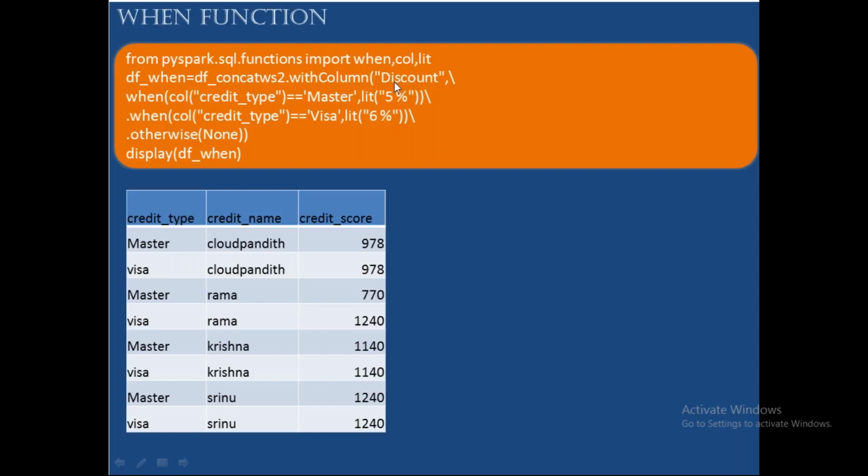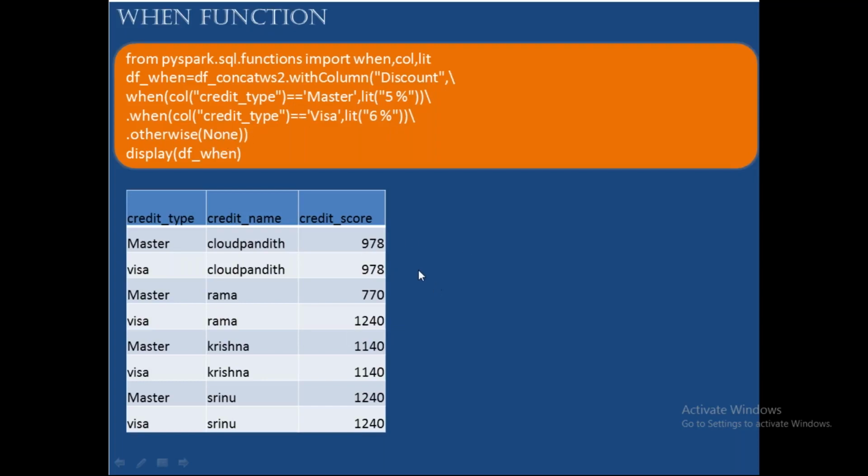The discount column values I'm calculating by putting some conditions. When the credit type is master, add a discount column, and against it, if the row is master, put 5%. Second case is when credit type is visa, put 6% discount. Otherwise, if the credit type is not master and not visa, just put none.